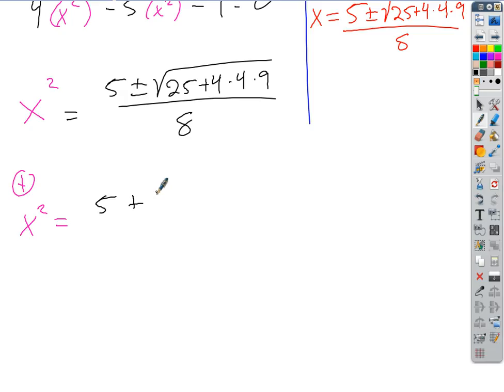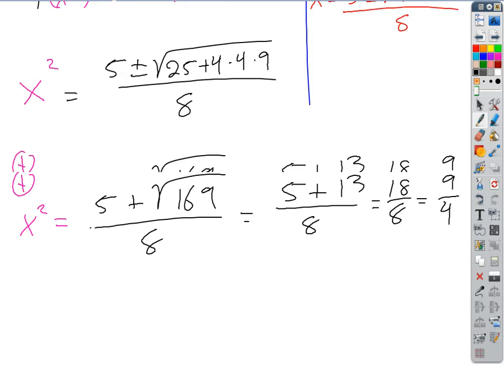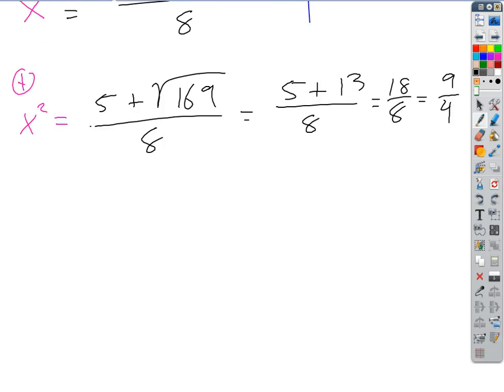The square root of 169 would be 13, right? So that's 18 over 8, which reduces to 9 over 4. So there's one answer for x squared.